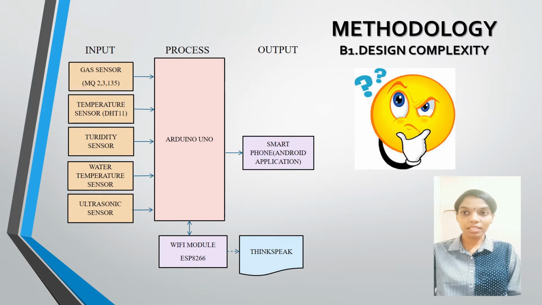As we can see here, the proposed block diagram of the system shows the sensors used: gas sensors MQ2, MQ3 and MQ135, temperature sensor DHT11, turbidity sensor, water temperature sensor and ultrasonic sensor.